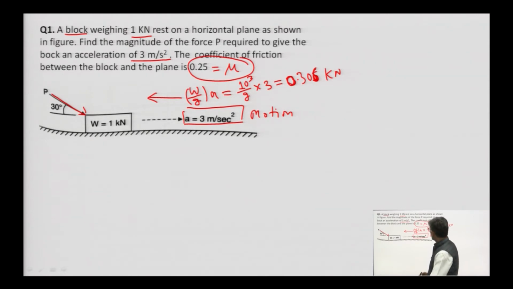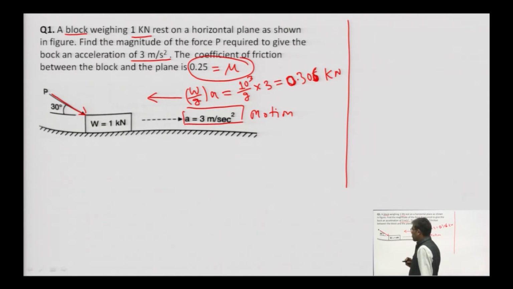What will be the next step? The next step is to apply the equilibrium conditions, and to apply the equilibrium conditions we need to resolve this force. So, one horizontal component and one vertical component will be here. This angle is 30, so that angle will also be 30.